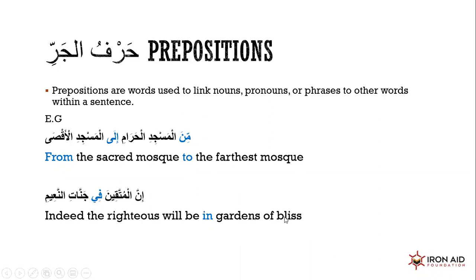If we look at the Arabic, jannatin na'imi, the first word is the mudaf. It doesn't have an al, and it only has a single sign, it doesn't have a tanween. And the second word usually has an al, and it has a kasra attached to it. It's in the majroor case. So this is a mudaf ilayh construction. In al-muttaqina, fi is the preposition here. So we have three prepositions in these examples.